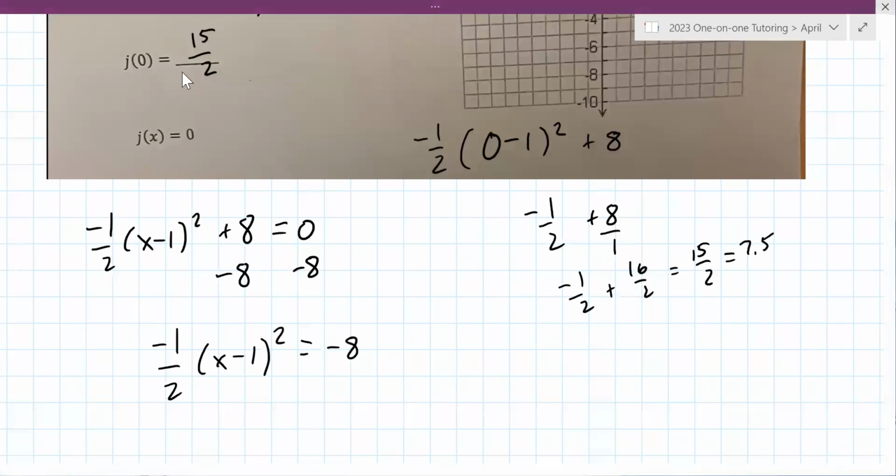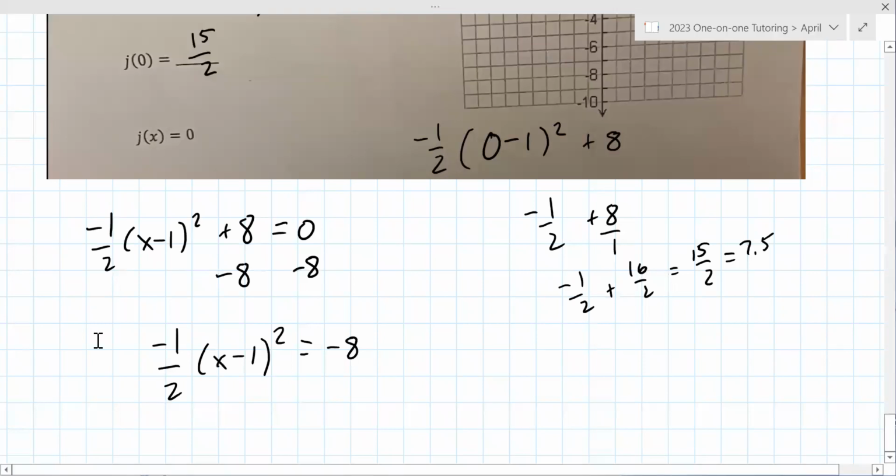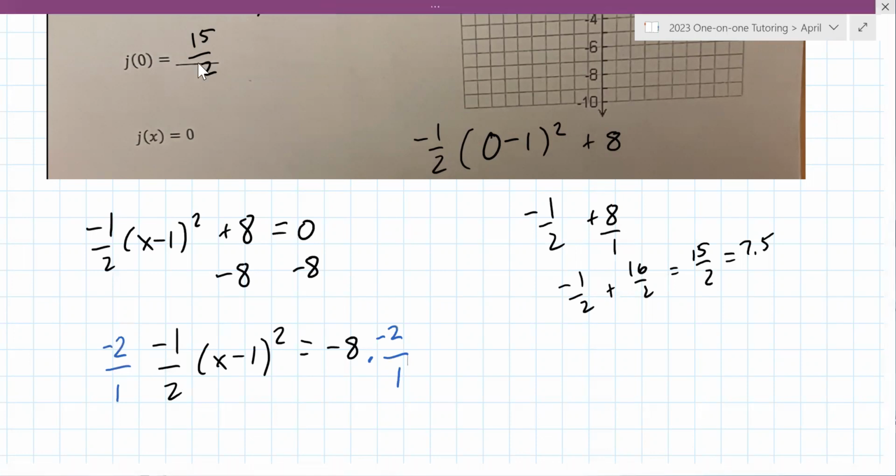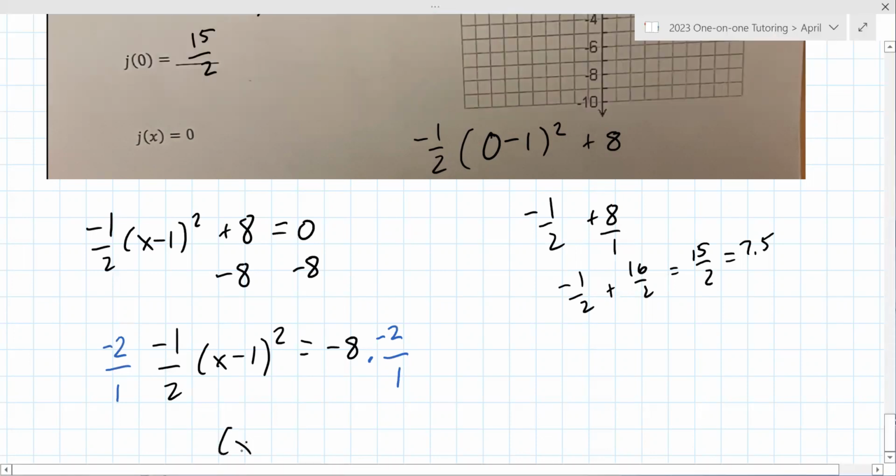How do you clear a fraction when it's multiplying? Would you multiply by the denominator? That gets you closer, but the reciprocal is the full way to do it. So that's x minus 1 squared equals 16.